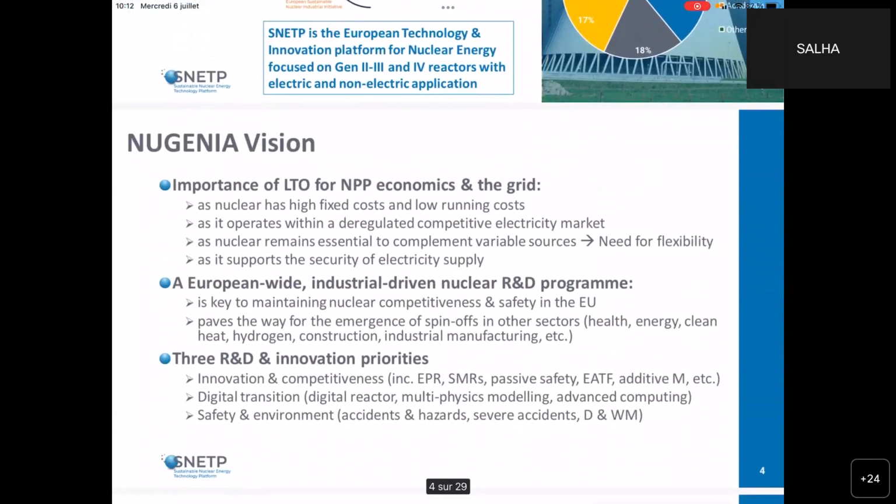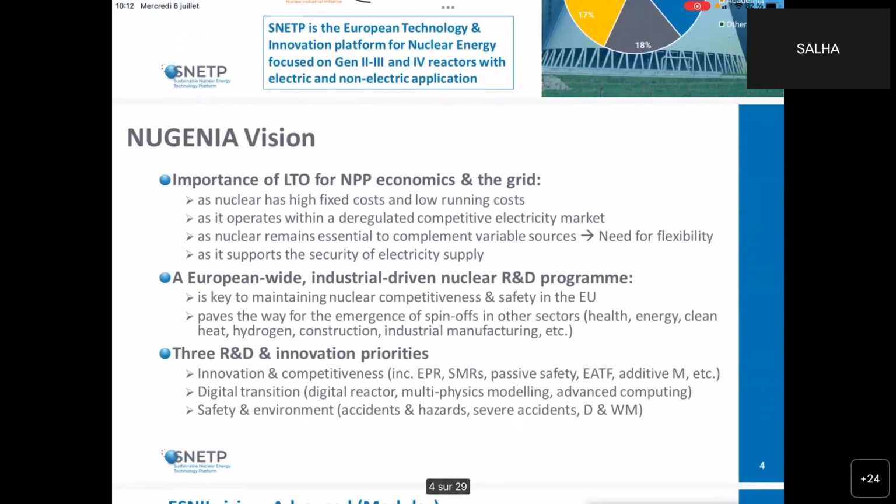So to begin with, the question of Nugenia. One of the key priorities of Nugenia is what we call LTO, long-term operation for existing nuclear power plants. I was explaining that we have on the grid today in Europe 104 nuclear power plants. It is of utmost importance to operate those plants, of course, in a safe way and over the long term.